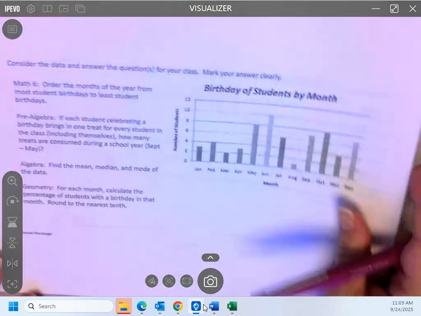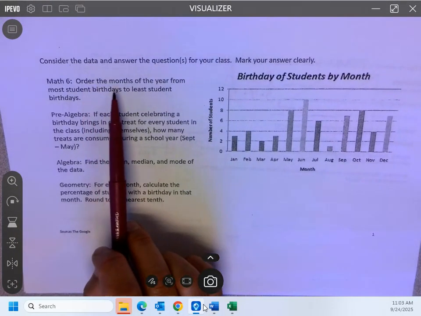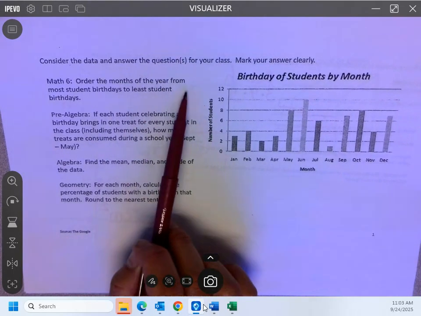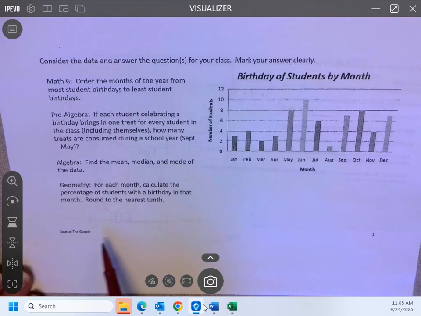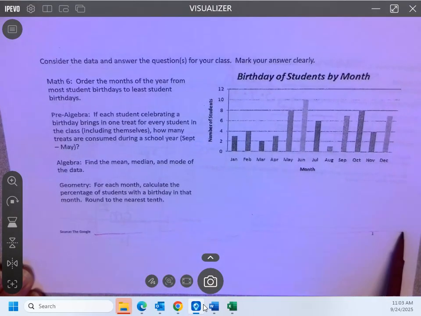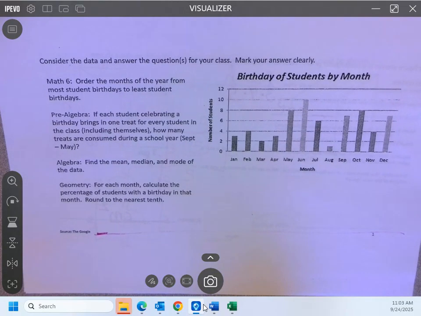And our last page. Order the months of the year from most student birthdays to the least student birthdays. So I should see a list of all 12 months, starting with the months that have the most birthdays, ending with what month has the least birthdays.